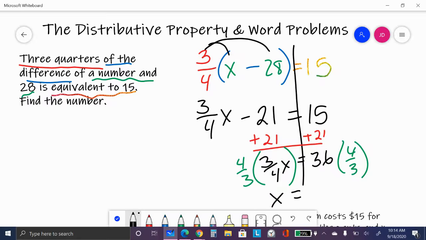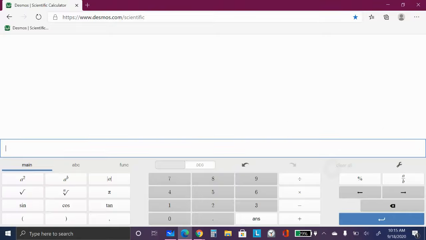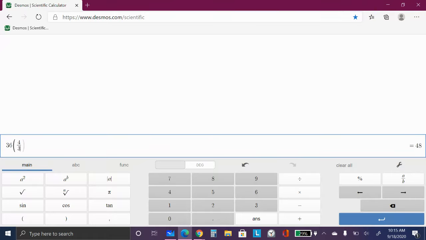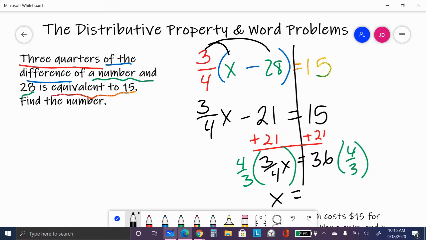And 36 times 4/3 is 48. And there's my number that I'm supposed to have found. So again, the difference means subtraction with parentheses around it.